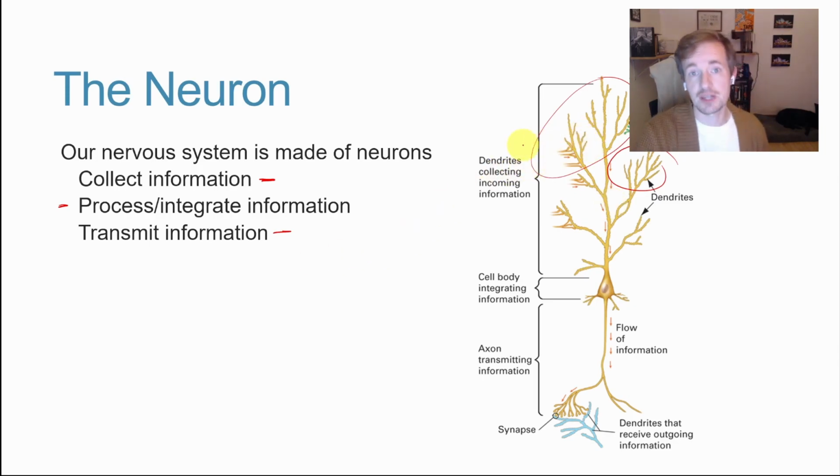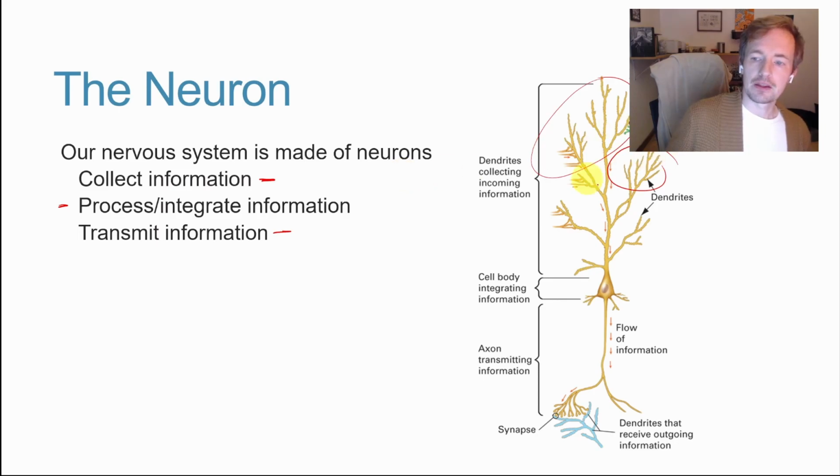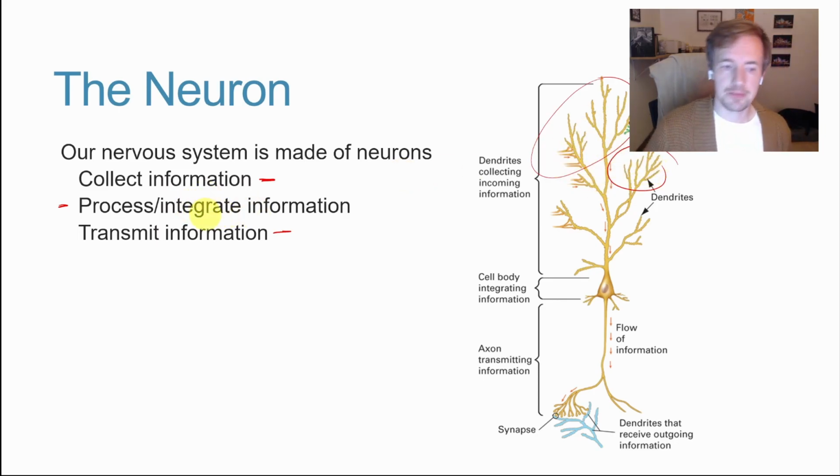And you can see why having more of these can be helpful in forging new connections. The more dendrites you have, the better chance you have at collecting incoming neurotransmitters from other neurons. So these dendrites are going to collect information, neurotransmitters.